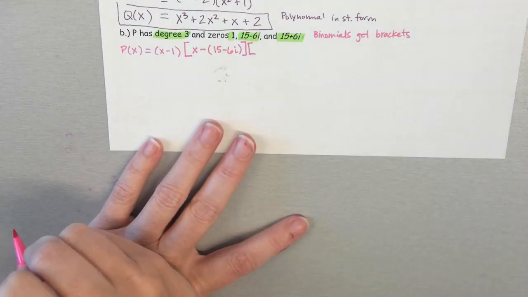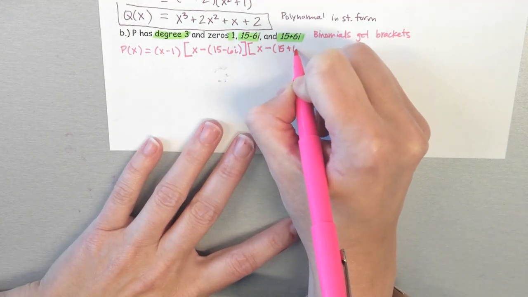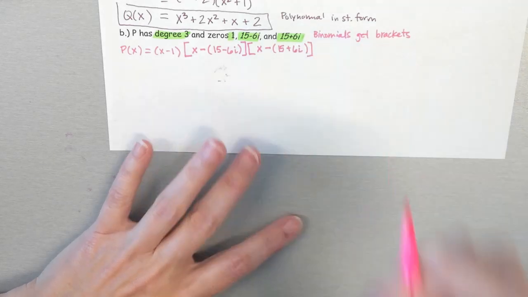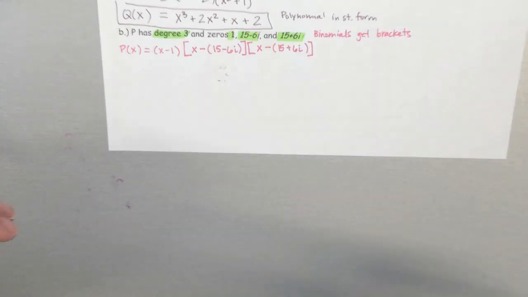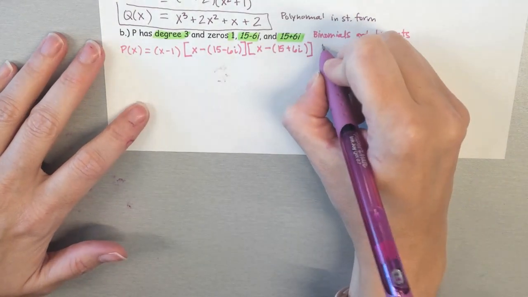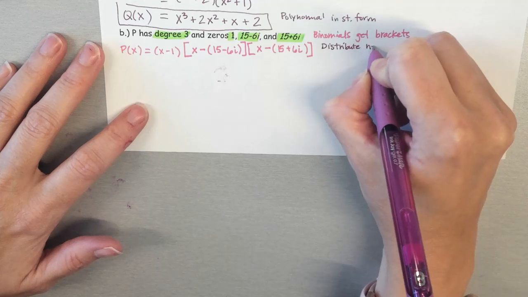We're going to do the same thing with the next one. So it's x minus 15 plus 6i. And because it's a binomial, we put it in parentheses. And that also reminds us that we're going to have to do what if there's a negative in front of the parentheses? Yep. Okay, so now that we've done the brackets, we're going to distribute the negative.